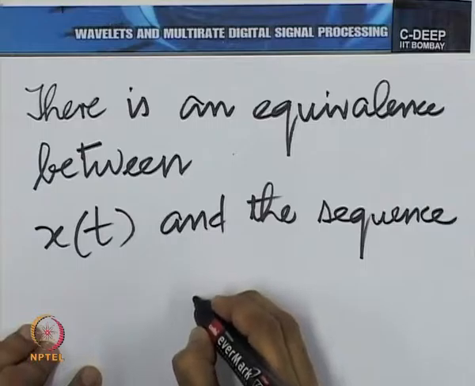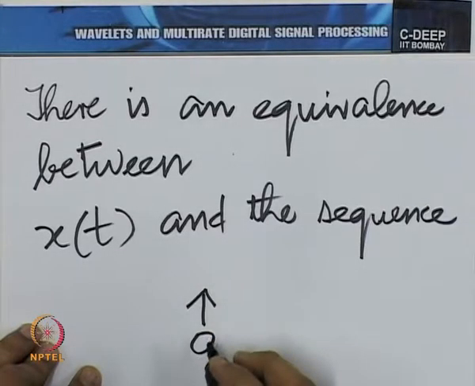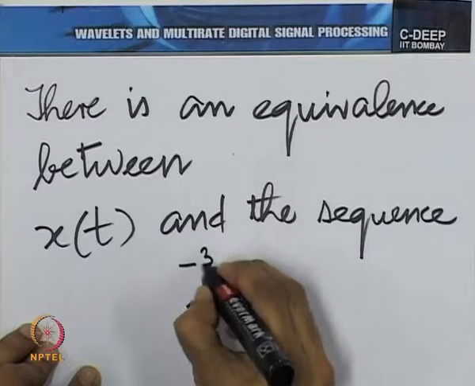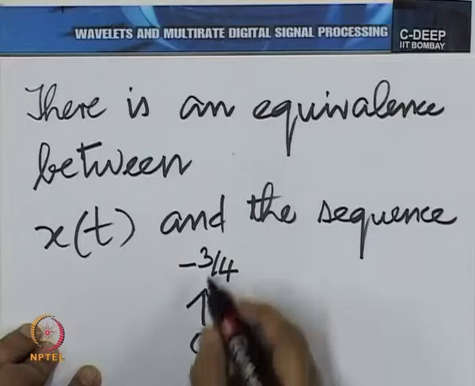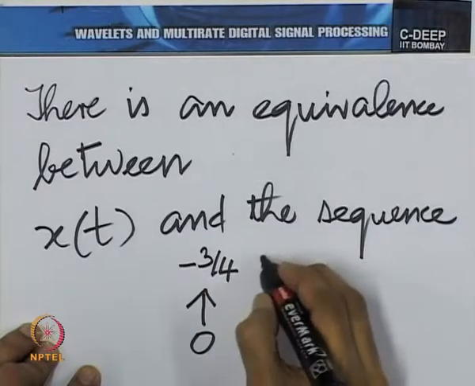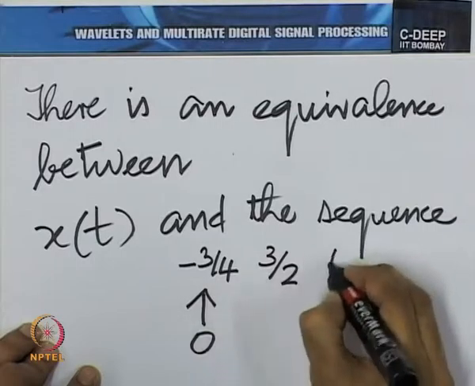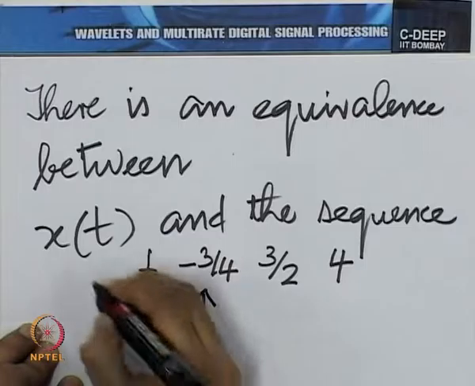Now, again just to recapitulate the notation for a sequence, we write the 0 point and mark the arrow 0 here to show that this is the sample at n equal to 0. And then of course, you have 3 by 2 at 1, 4 at 2, half at minus 1 and so on.